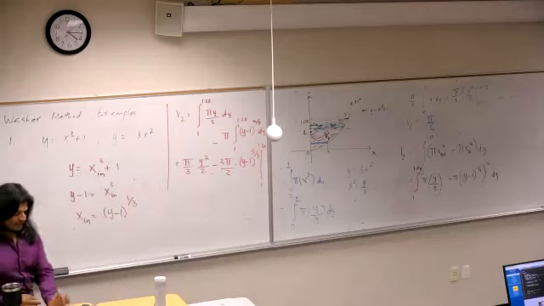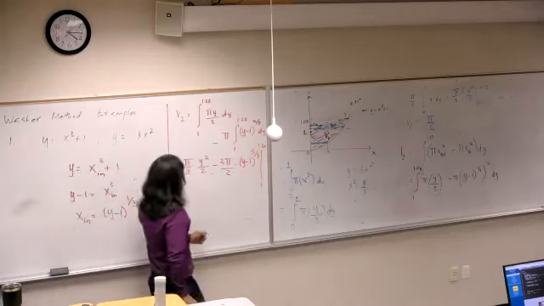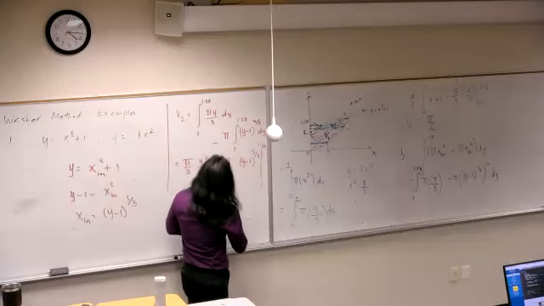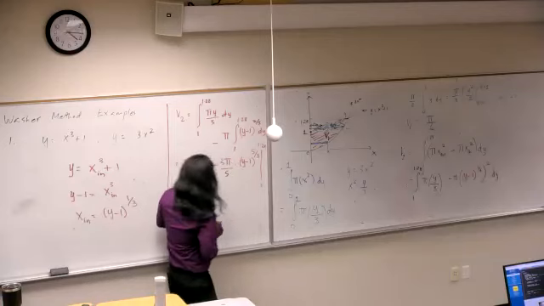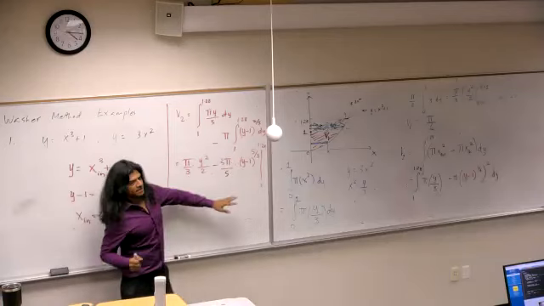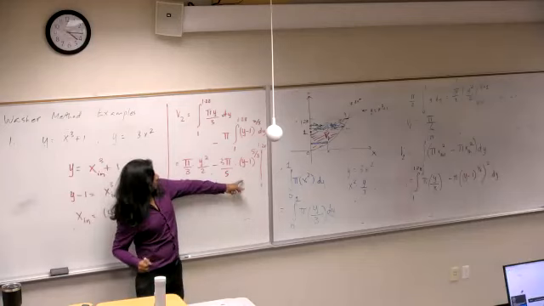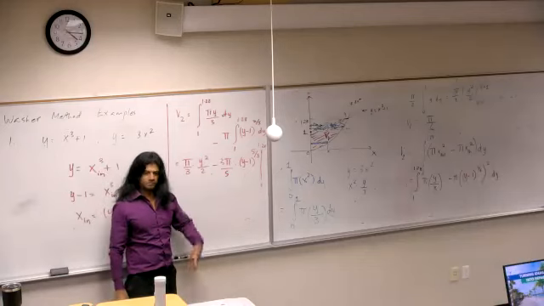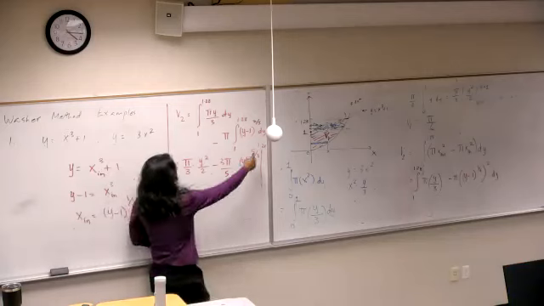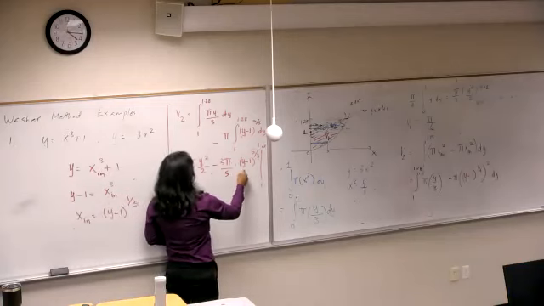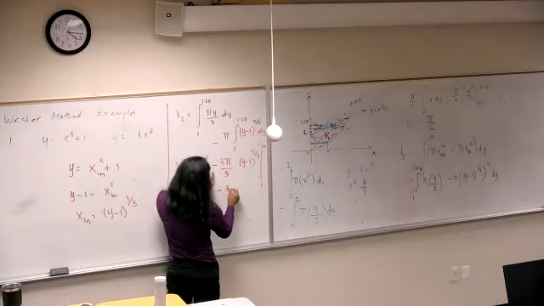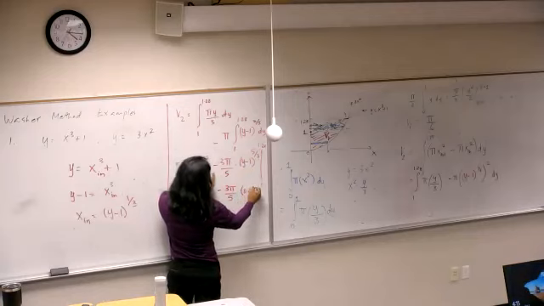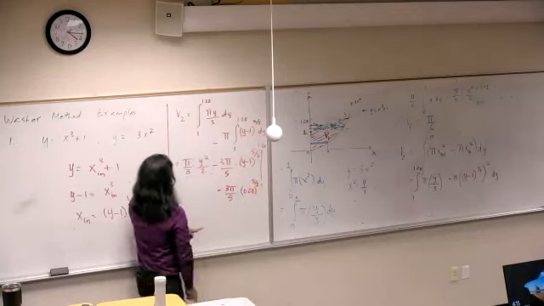You can integrate that at home. Lower limit would make that one 0. 1 minus 1, 0, it's gone. When I plug in the upper limit, 1.28 minus 1, so negative 3pi/5 times 0.28 raised to 5/3.